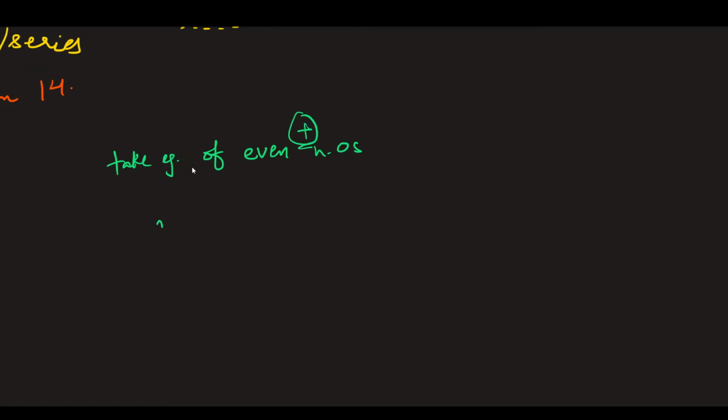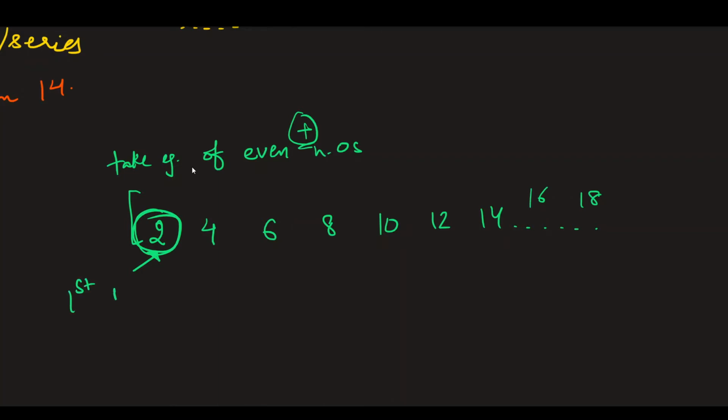So the sequence will start from 2, then 4, then 6, then 8, then 10, then 12, then 14, and it will go on. The next term would be 16, then 18. So this is the start term, the first term, this will be the second term, the third term, the fourth term, and it will continue.